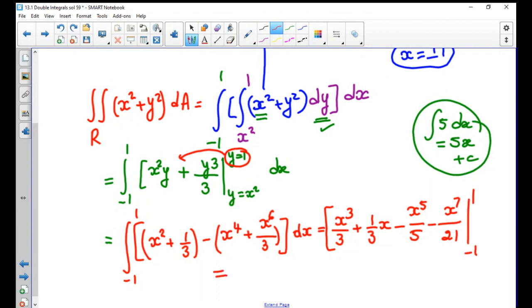This now is calculator work. You can use your calculator and you will see that we get 88, I think, over 105. This is my answer to this calculation.